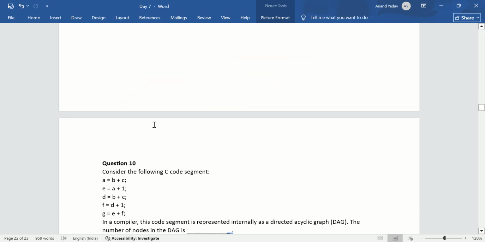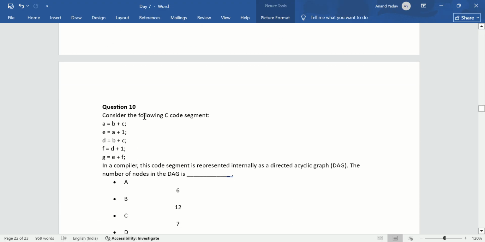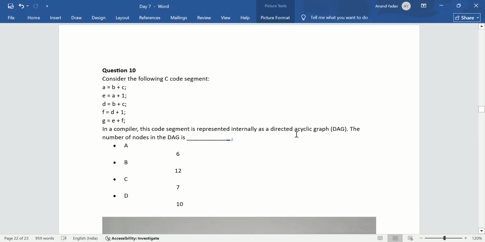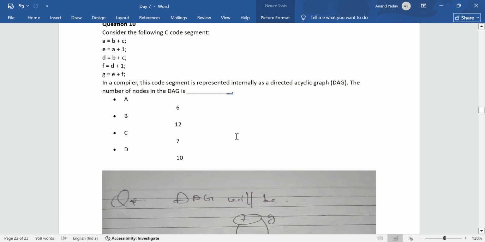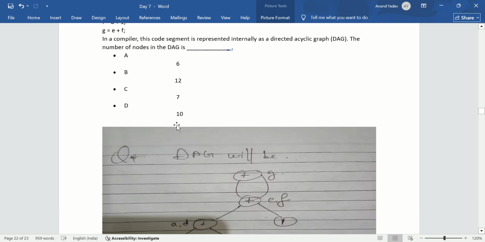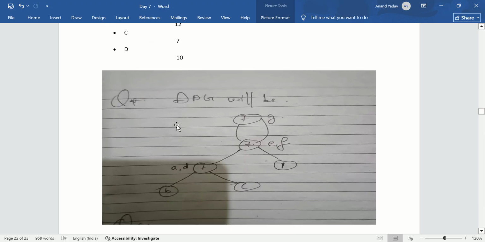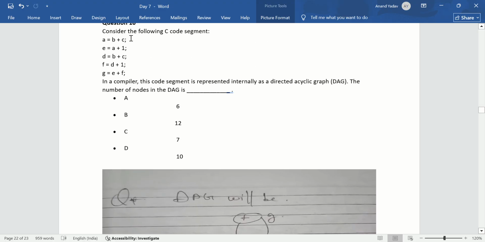Now next one. Question 10. Consider the following code segment in a compiler. The code is segmented. Basically, it converts into a directed acyclic graph. It will ask for the number of nodes in the directed acyclic graph. For the DAG, we will draw it first.